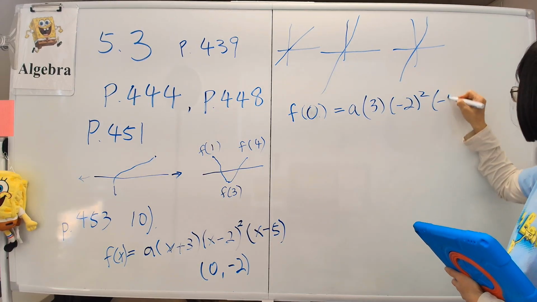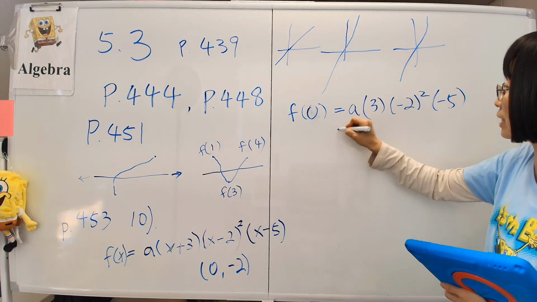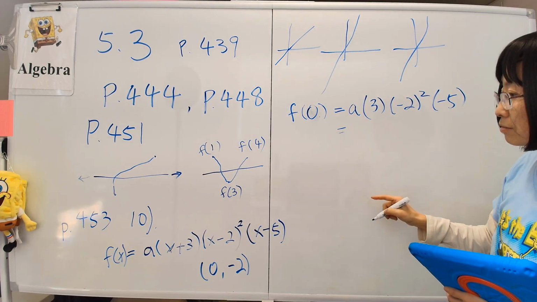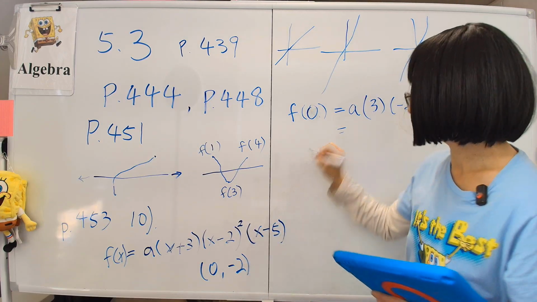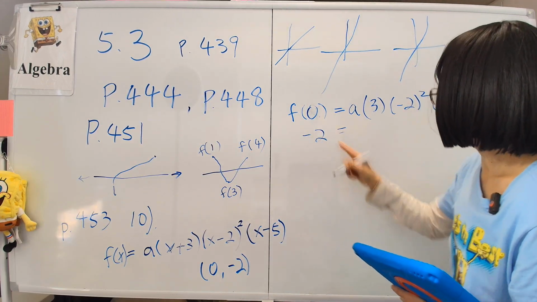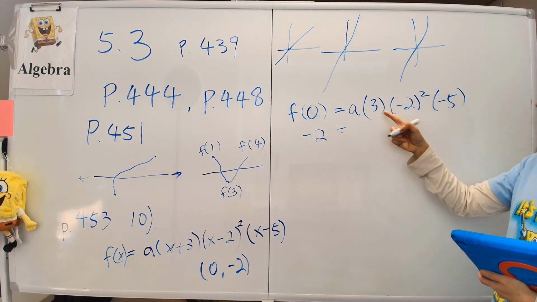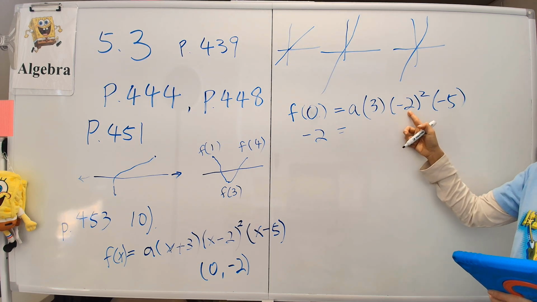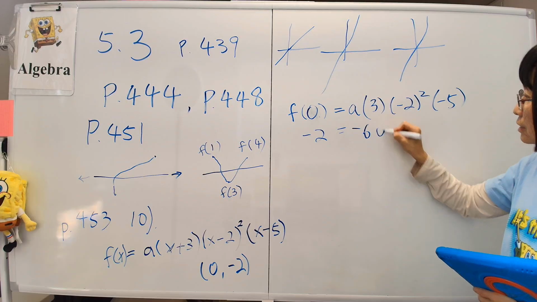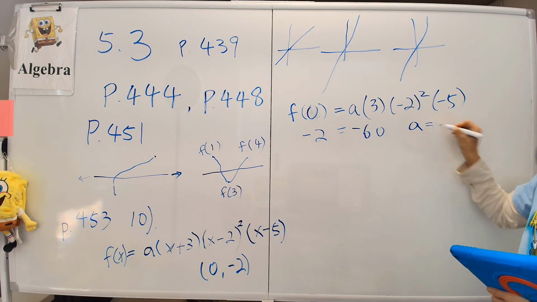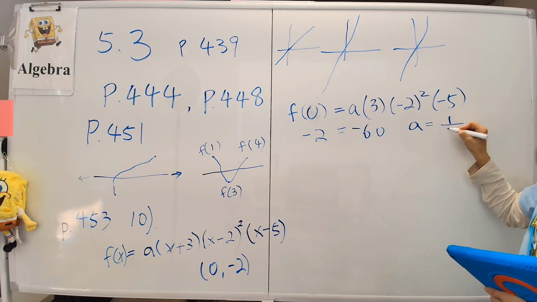So f of 0 equals -2, and what is that? 3 times 4 is 12, 12 times 5 is 60, and that's -60, which means a is 1/30.